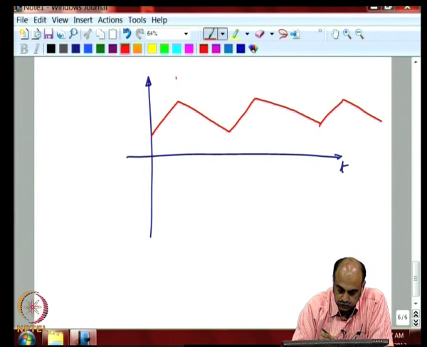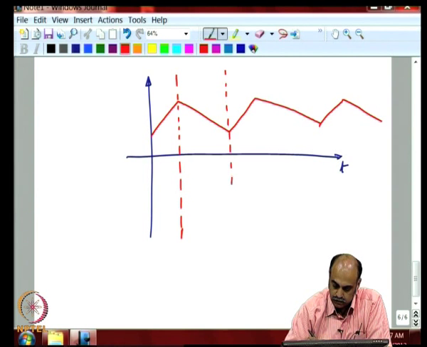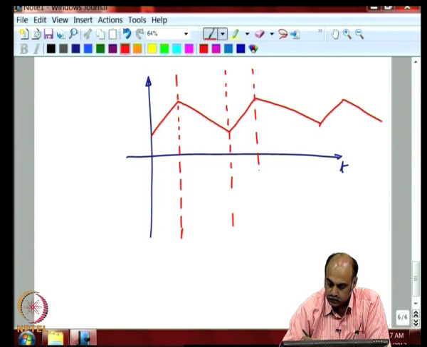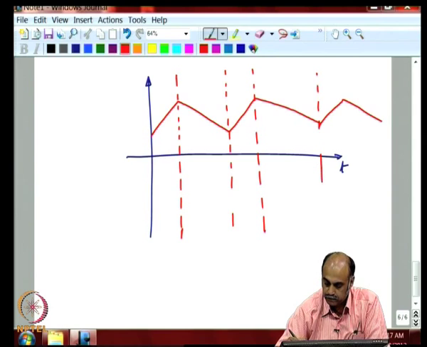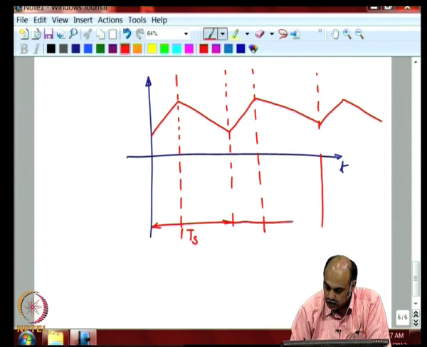Now, in this time, if you take this 2 cycle period, this is one Ts, this is another Ts.